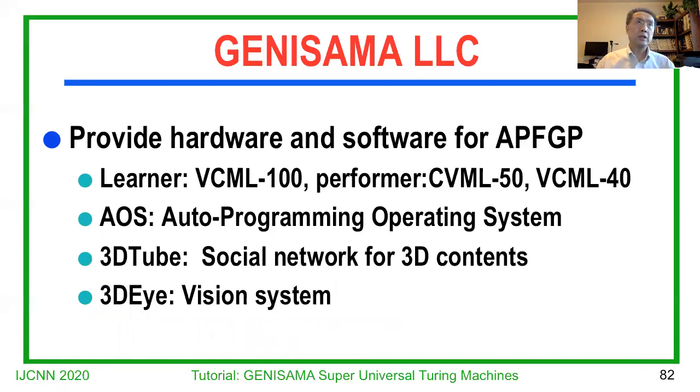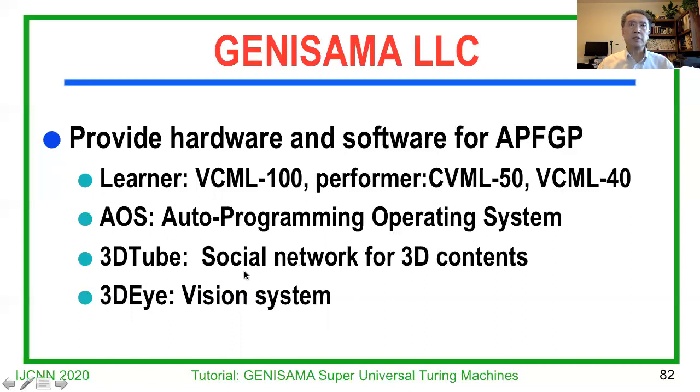Genesema, a little startup, will provide hardware and software for APFGP. It has 3 models. 100 is a learner model, and 50 and 40 are performance models, because many people probably don't need to train a network, just do performance. The Autonomous Programming Operating System, AOS, is for people who can use the DN as an engine without really doing programming. We have a user interface ready.